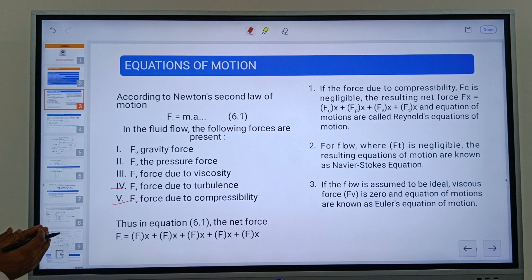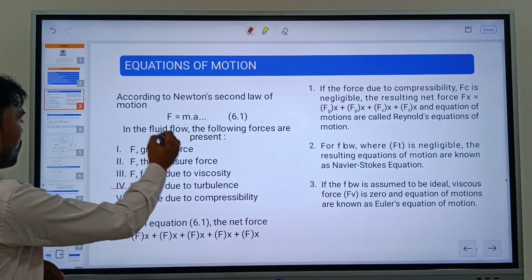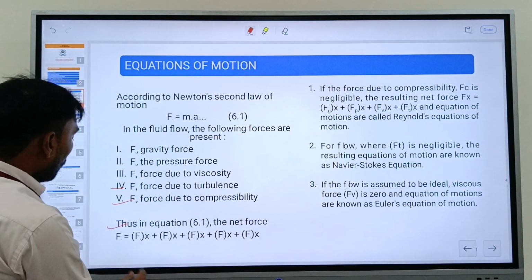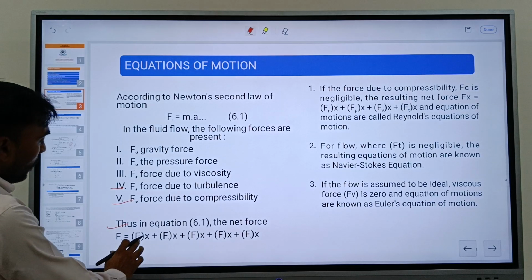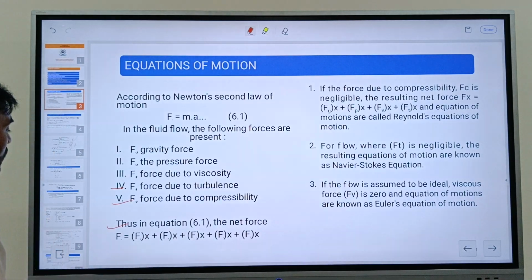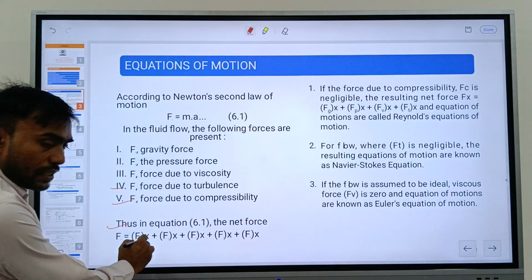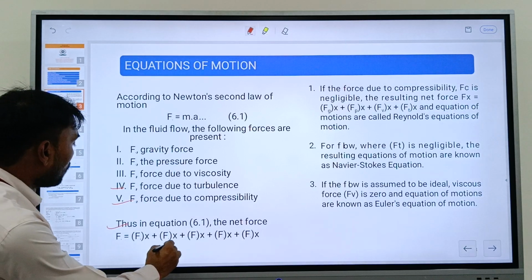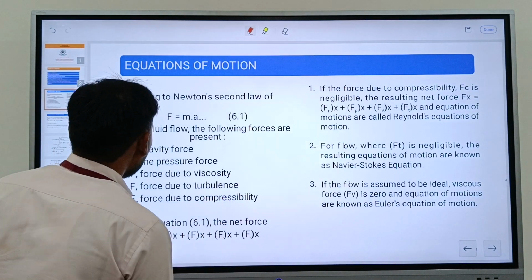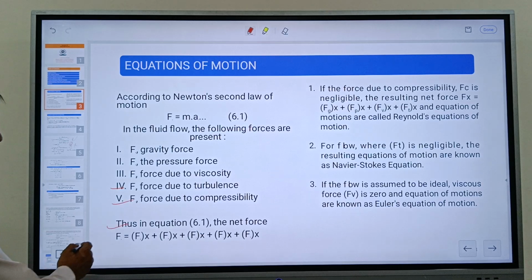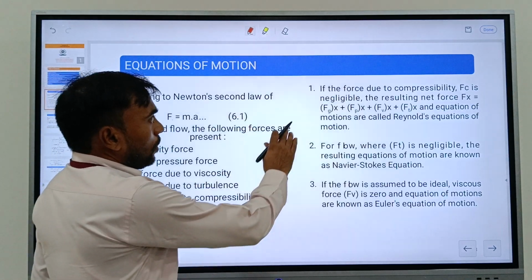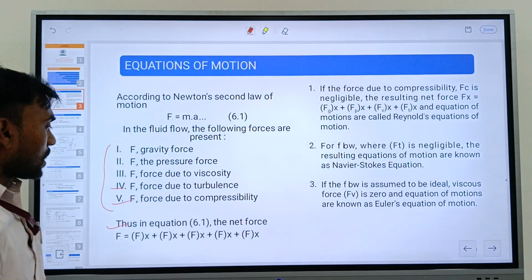If we consider the combined effect of these forces, then we can write the total force F equal to Fg, the gravity force in a particular direction, that is the x direction, plus the pressure force, plus the viscosity force, plus the turbulence force, plus the compressibility force. That means the total force is the combination of all these forces. Now, what conclusions are derived from this equation?